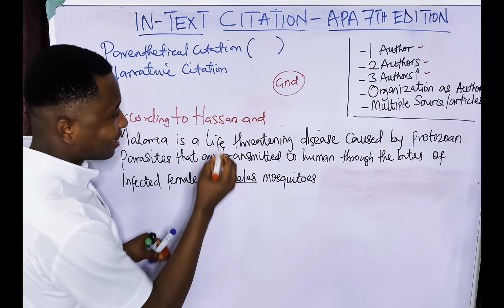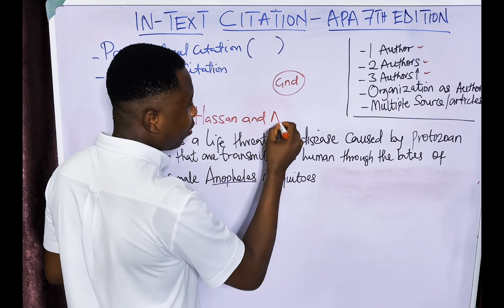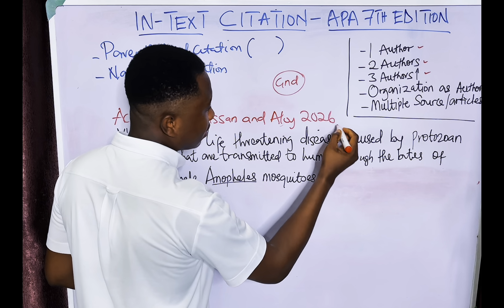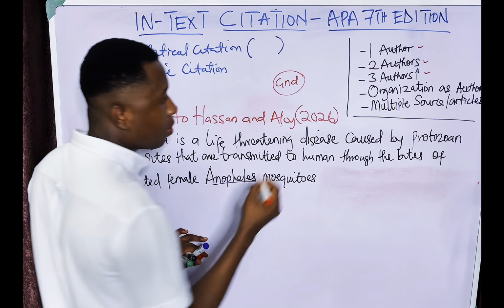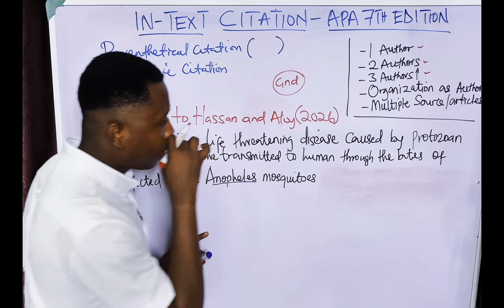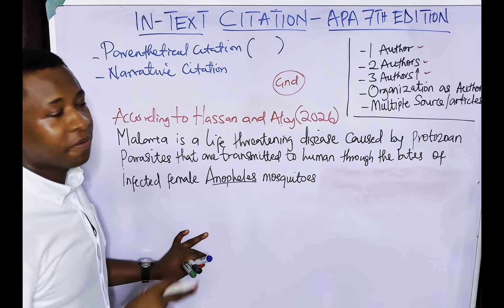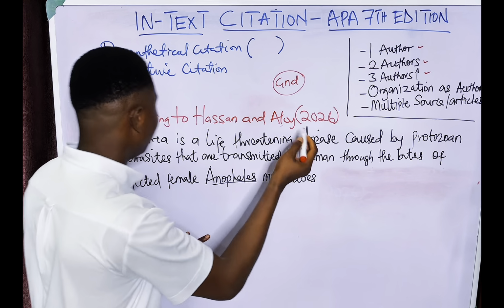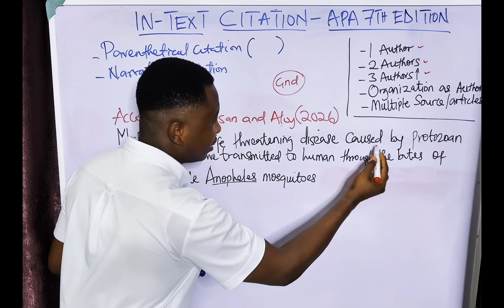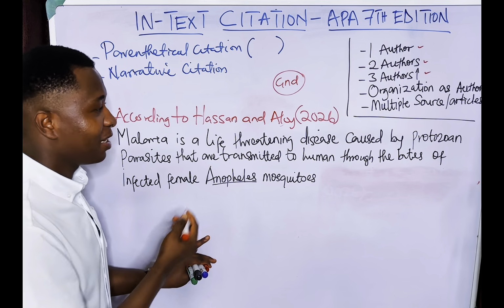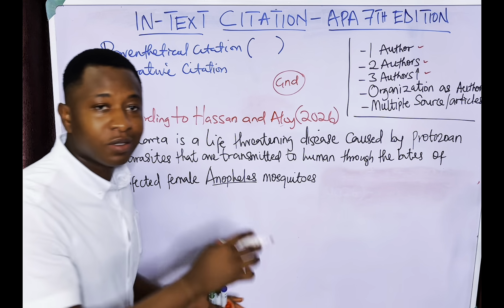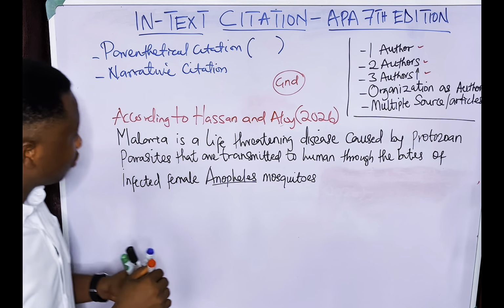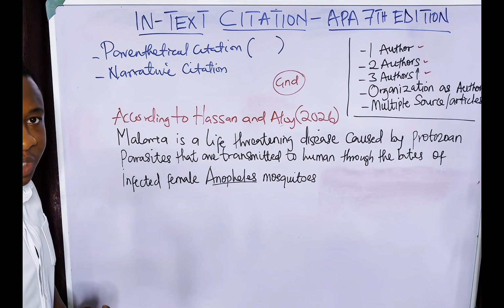So you have Hassan and Aloy 2026 in brackets. So the year must be in brackets when you're using the narrative citation style. So according to Hassan and Aloy 2026, malaria is a life-threatening disease caused by a protozoan parasite that is transmitted to humans through. Okay, so that's how to cite two authors using the narrative citation style.